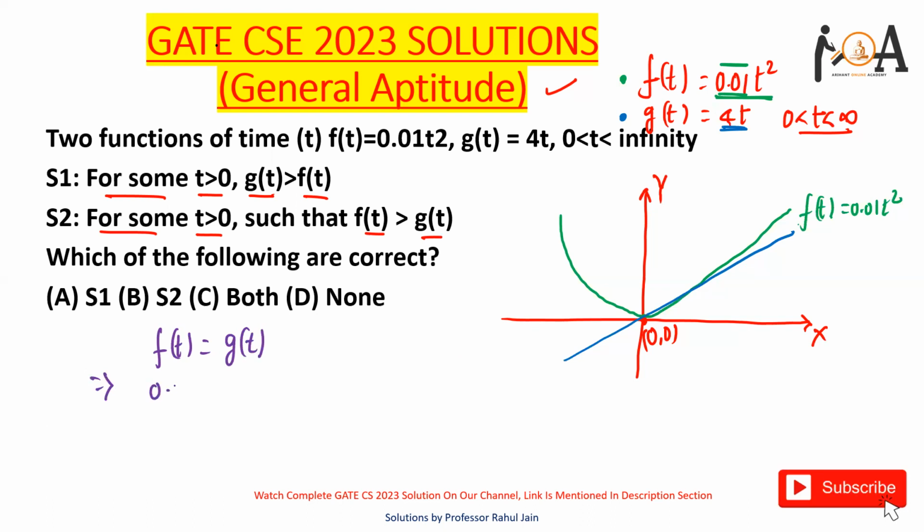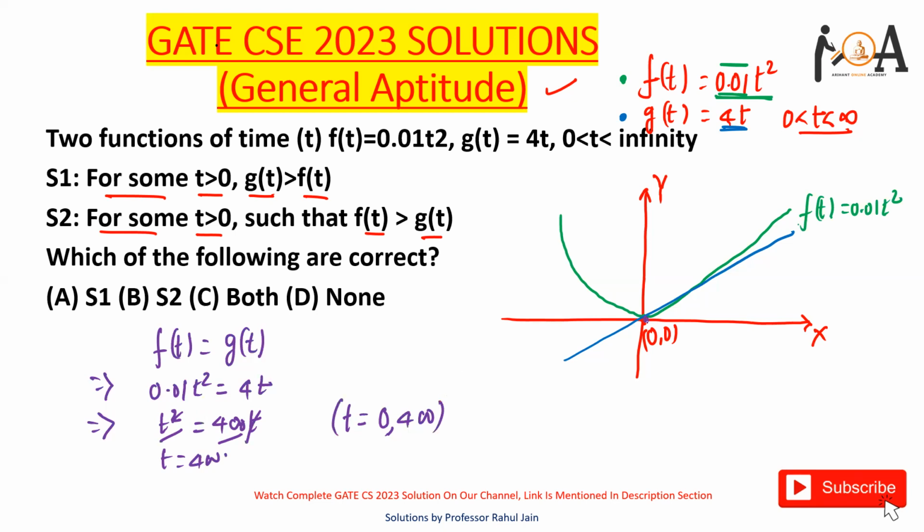So 0.01 t square equals 4t, which becomes t square equals 400t. Cancelling it out, one value of t is 0, and the other value would be t equals 400. So I am having two values, 0 and 400.